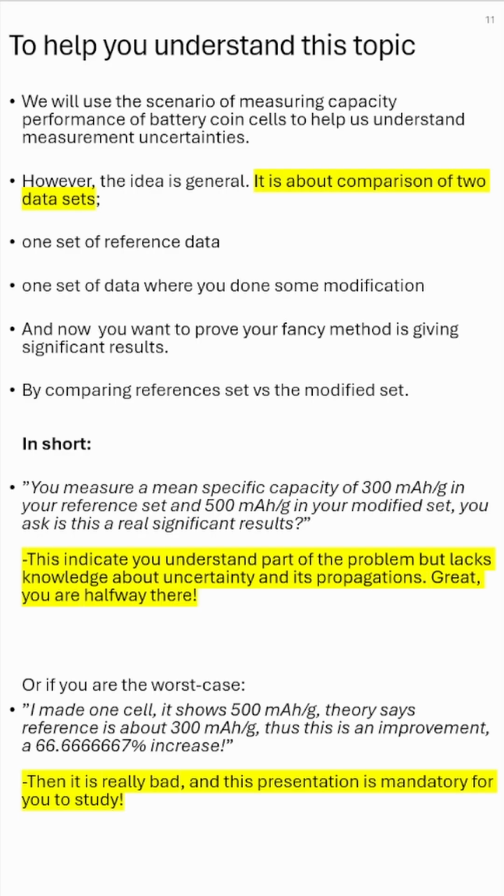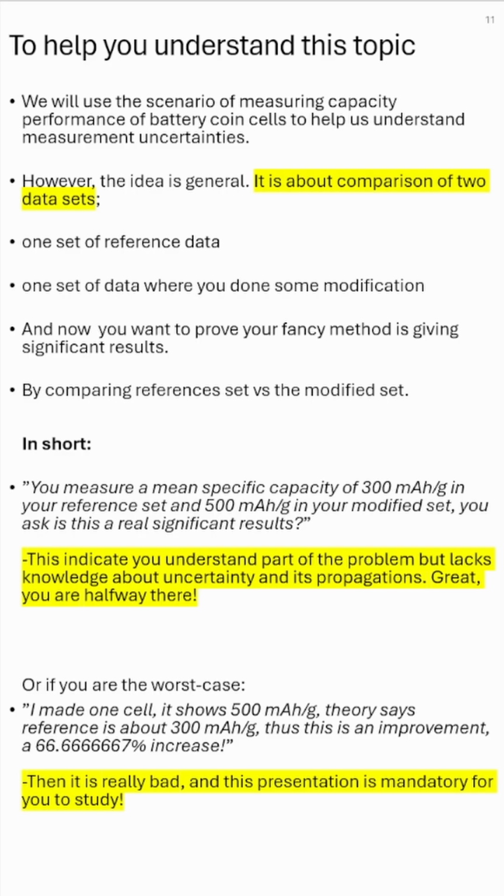So if you say that you measure a mean specific capacity of 300 milliampere hours per gram in your reference set, and then you measure 500 milliampere hours per gram in your modified set, and then you ask, is this a real significant result?